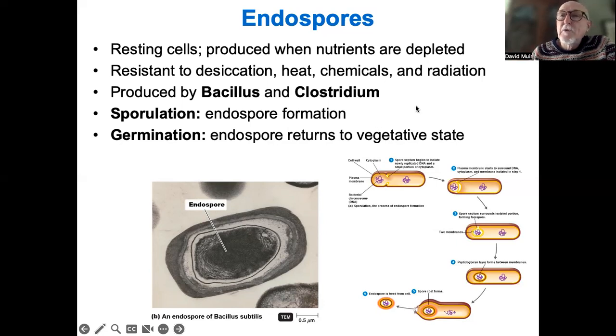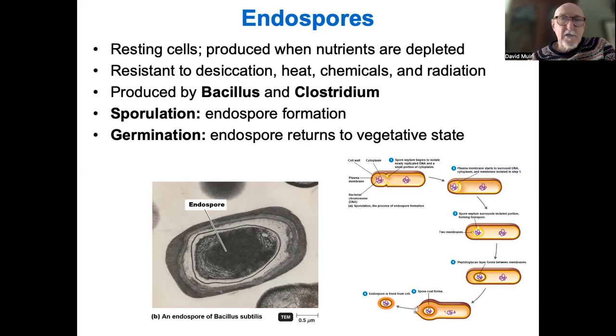So this word spore, a spore always implies some sort of reproductive cell which is long-lived and resistant to environmental pressures. So very often spores, like for instance fungal spores, are resistant to drying out, to desiccation. They are very small, and are easily blown around.